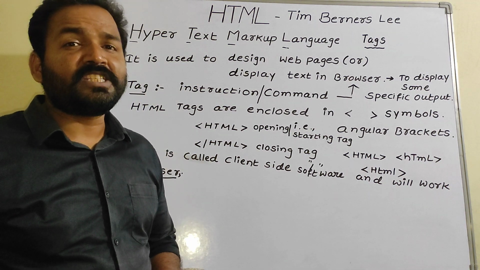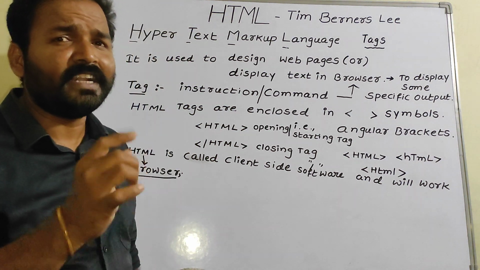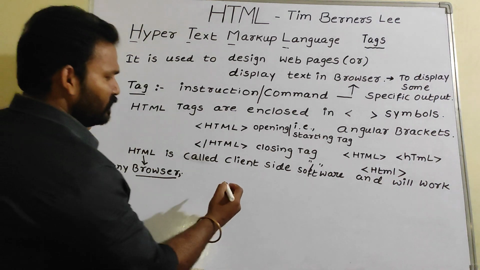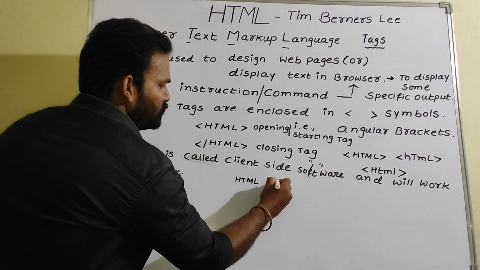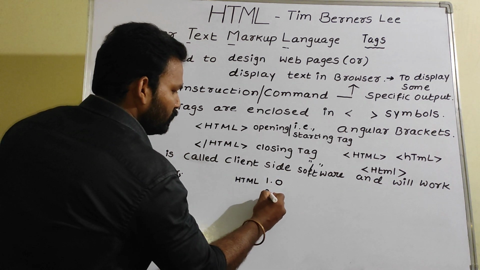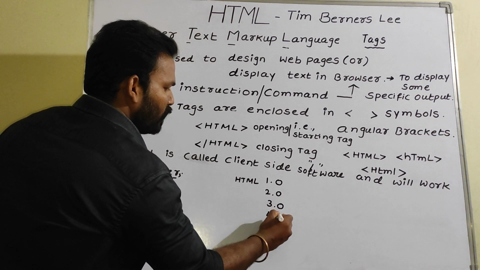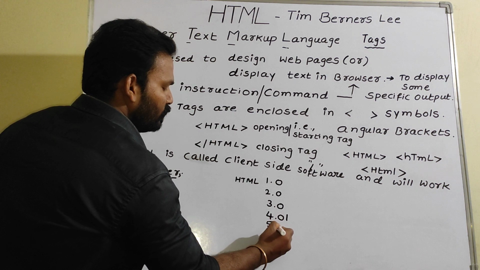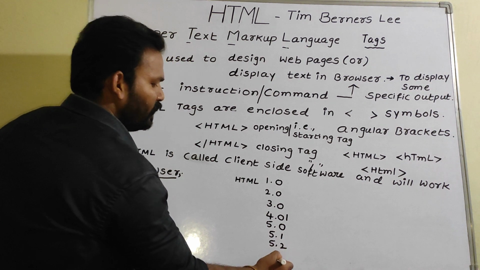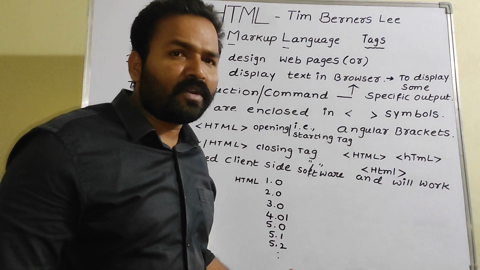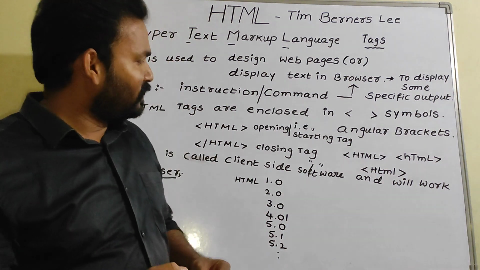Next, HTML is available in different versions: HTML 1.0, 2.0, 3.0, 4.01, 5.0, 5.1, 5.2. All these are versions of HTML.